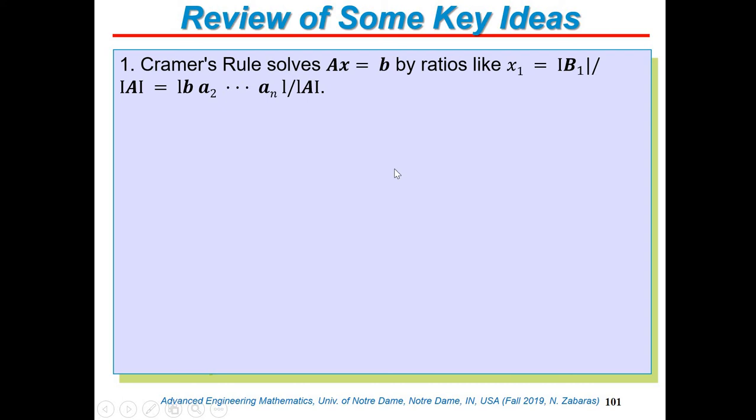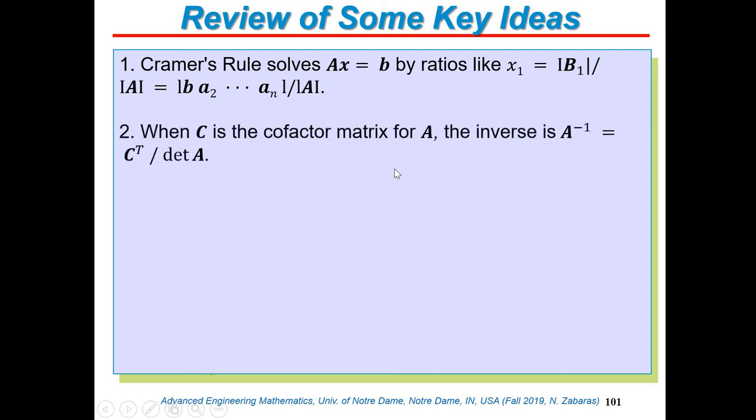We showed, we proved literally, how you compute A inverse as C transpose divided by the determinant of A. And to prove this, we used Cramer's rule for solving AX equal B.